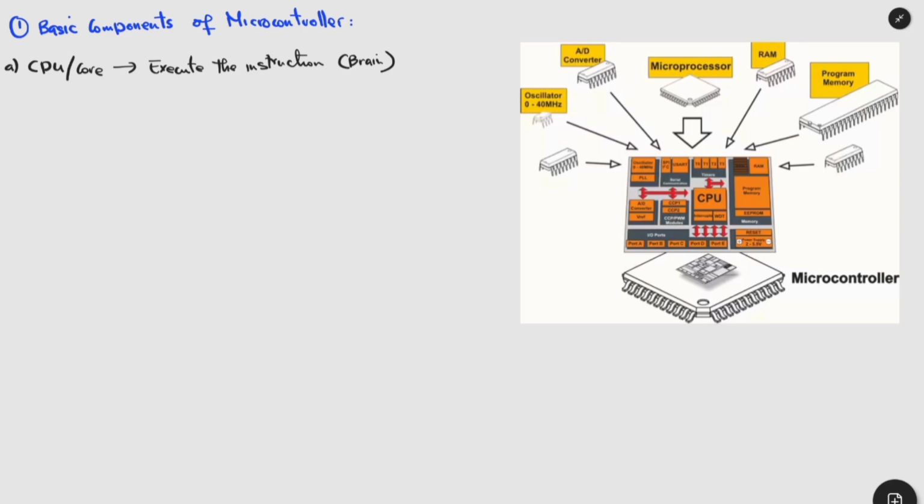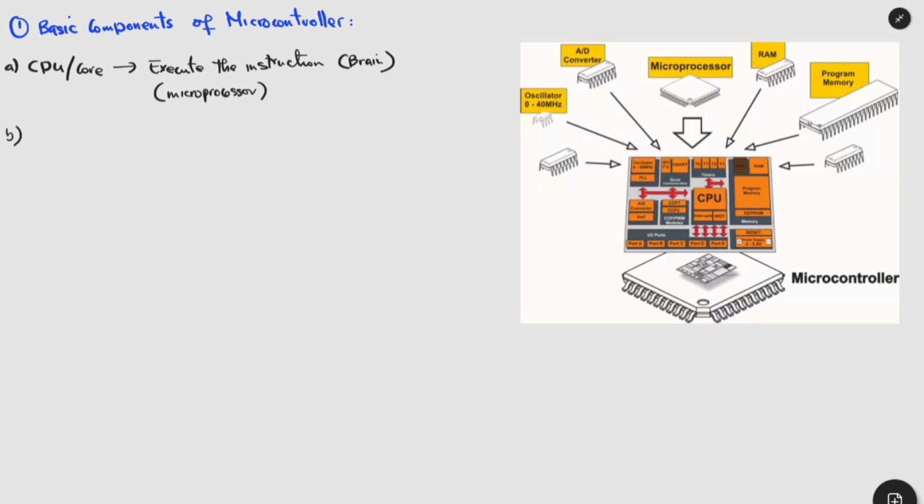And the CPU, in most cases, is called a microprocessor. So from this diagram, we have a microcontroller, and the microprocessor is built into the microcontroller. And this microprocessor is the brain of the microcontroller. Therefore, it is called a central processing unit.